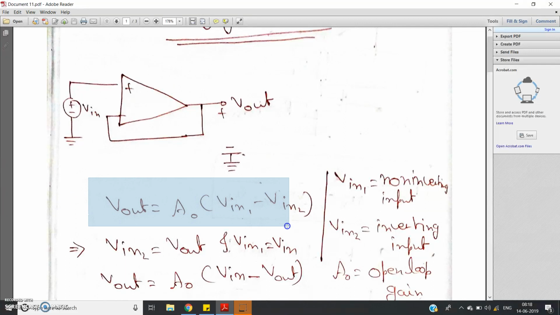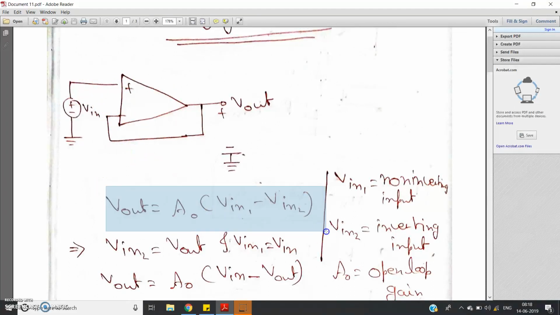V output equals A naught into (V in 1 minus V in 2), that is the general expression where V in 1 is the non-inverting input, V in 2 is the inverting input, and A naught is the open loop gain. Now for this particular circuit, V in 2 or the inverting input is nothing but V output, and V in 1 or the non-inverting input is nothing but V in.